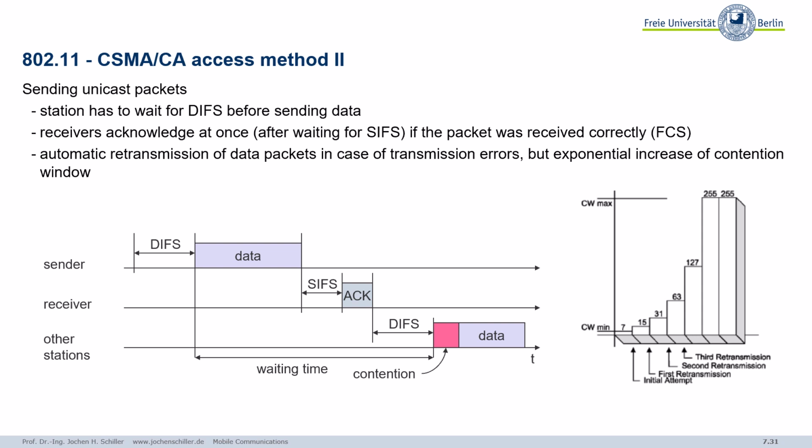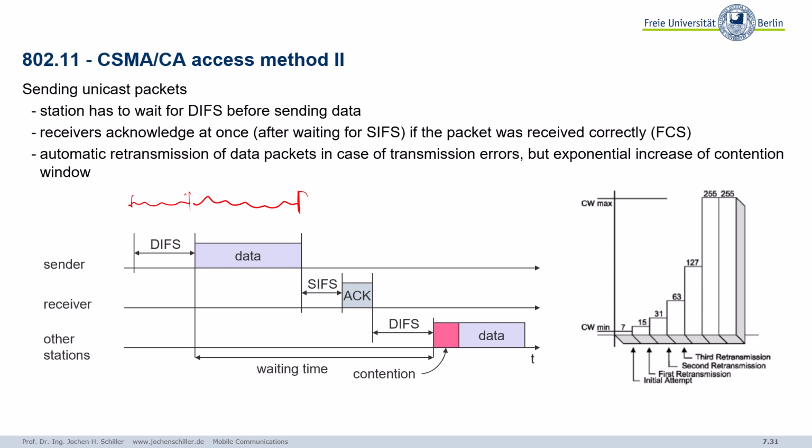We learned we have to wait for a certain time, for example, then contention not shown here, maybe there's nothing going on in the medium, then we send our data, and now the receiver of the data will send back an acknowledgement.